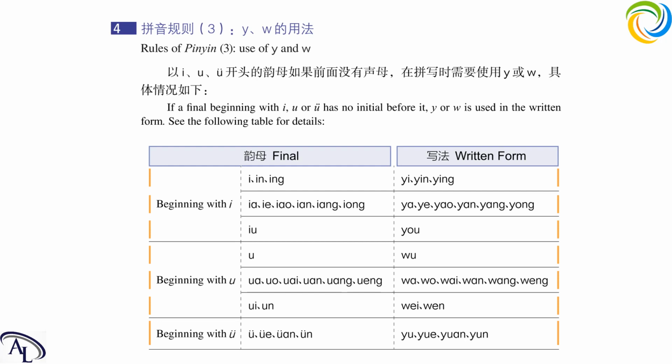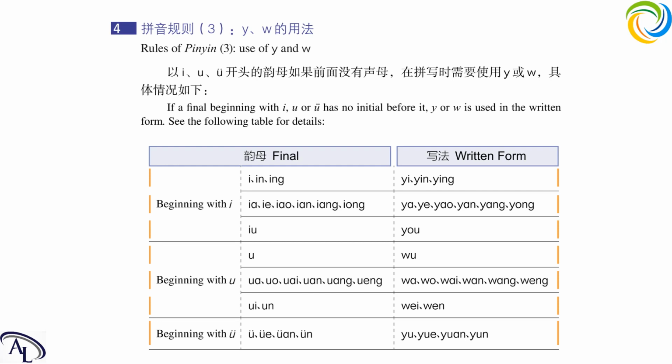And this one, you, is a little bit different. So for this one, do remember, it is actually iou, but it is written as this. You. So when we put the initial y before it, we will still get rid of this final i and put the initial y before it.